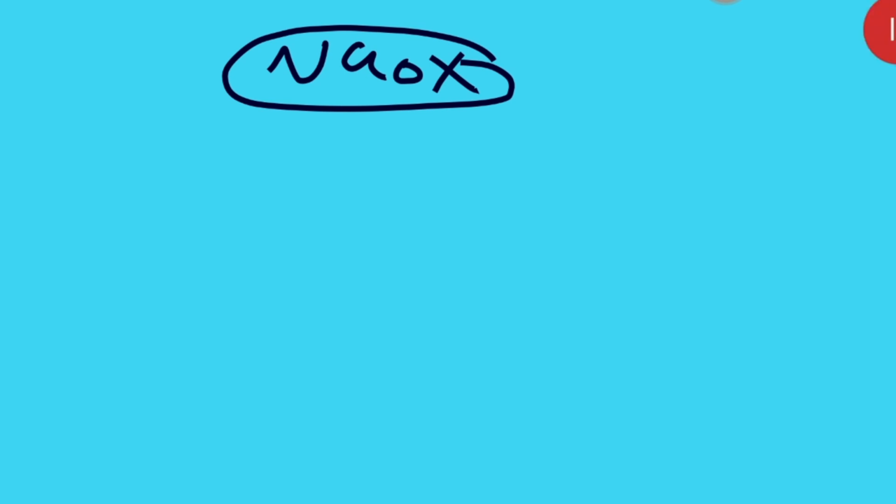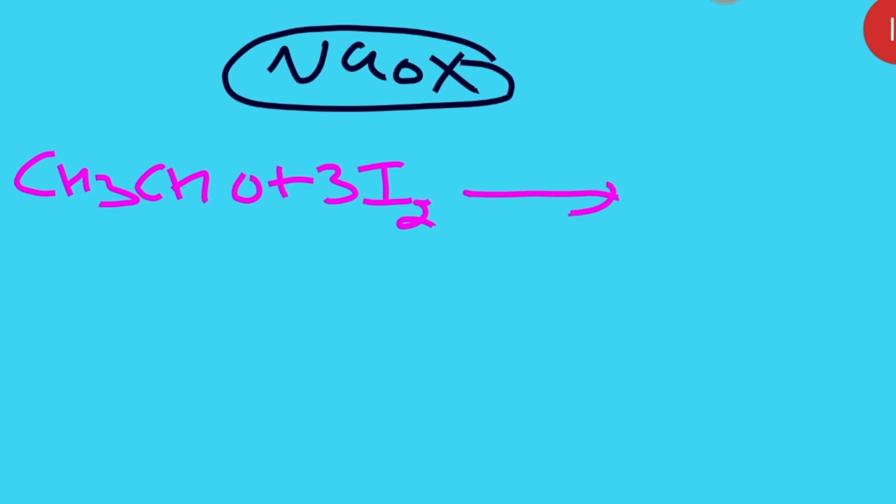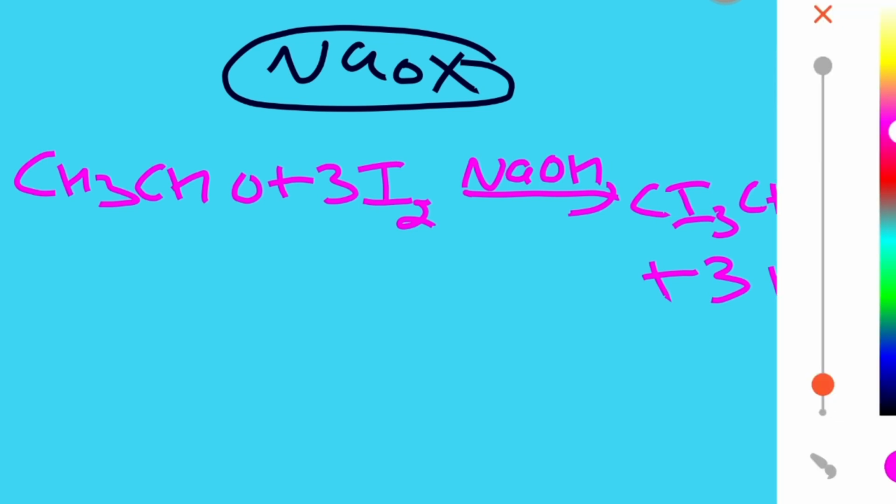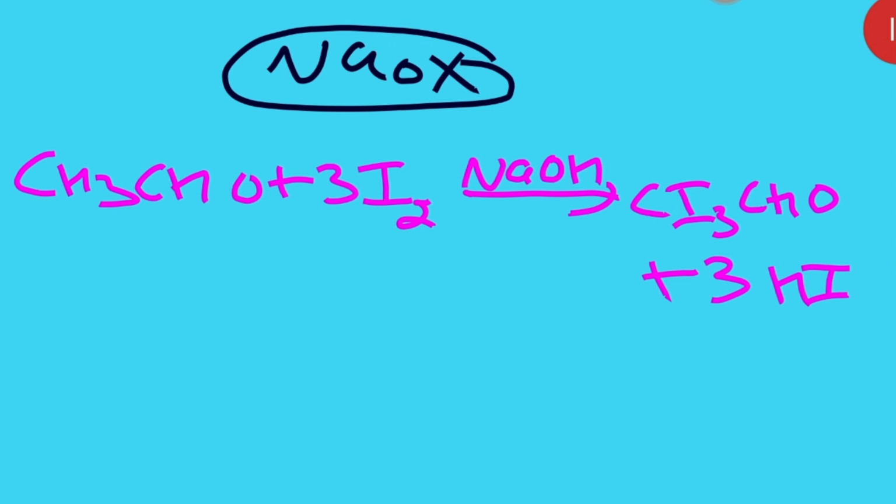Here you please see, I am writing CH3CHO plus 3I2, and with NaOH, what am I getting? CI3CHO plus 3HI. Which means in place of the H3 we are getting CI3.